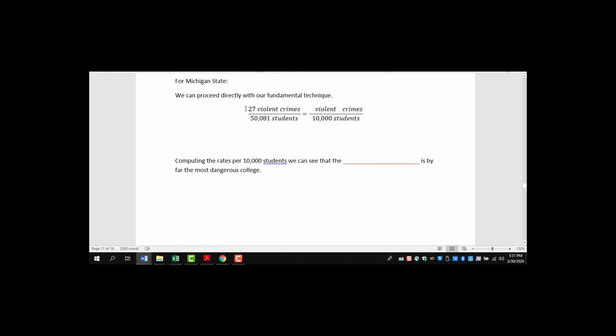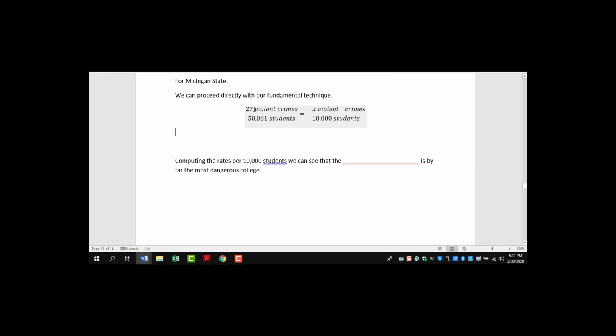For Michigan State, we had 27 violent crimes for 50,081 students, and we need to find out basically X violent crimes for 10,000 students. So we set up our proportion, and we're going to cross multiply and divide. You should be able to do that by now. It's not a big deal, right?